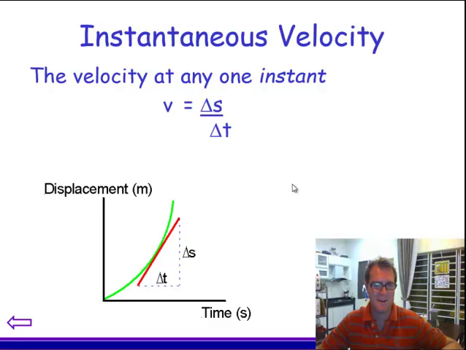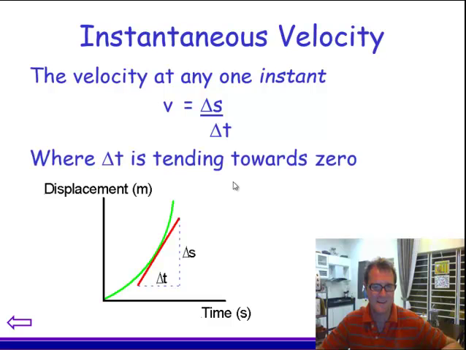So here we have velocity equals change in displacement divided by change in time, where time is tending towards 0. That's the general idea. So if you have an object which is changing velocity, you can find out what the velocity is at one moment in time.